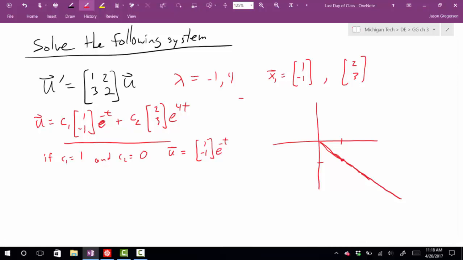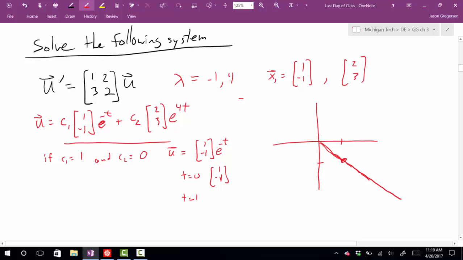Now the one other thing to note here is the parametric equation, which means I'm actually traveling along this curve with a specific speed and direction. So the question is, am I going away from the origin or am I moving to the origin for this one? What happens as t increases? What do you think? Towards or away? Towards the origin. How can we see that? Well, if t equals 0, I get 1, negative 1.